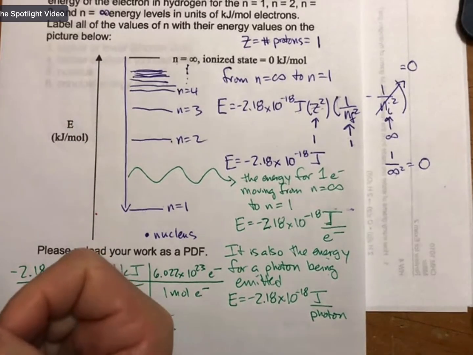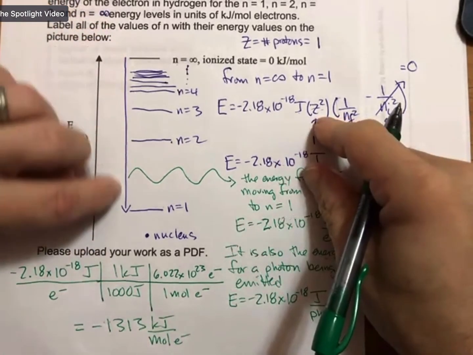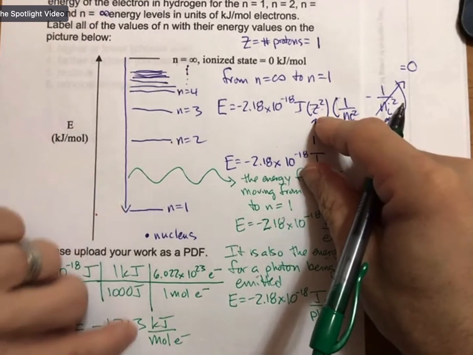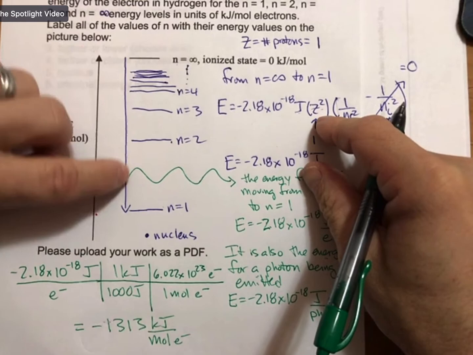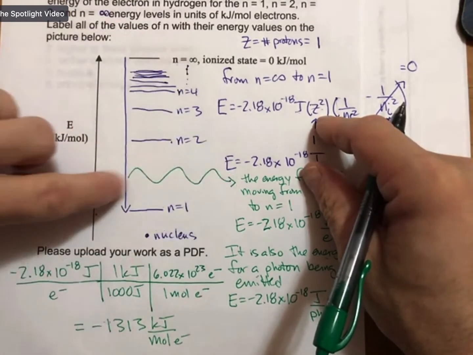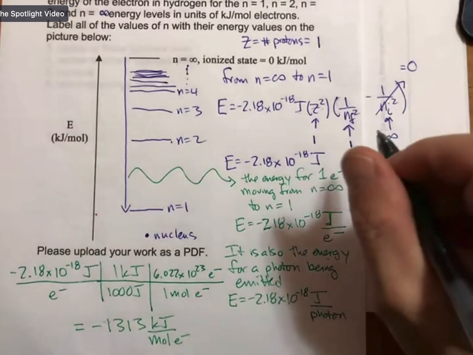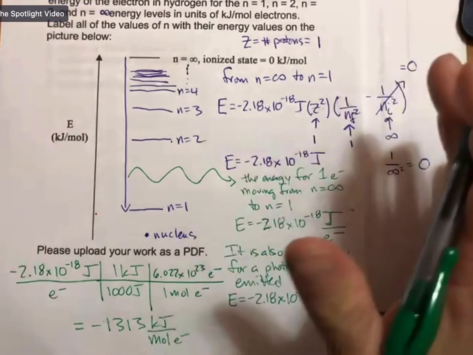Per mole of what? Per mole of electrons, because if 1 mole of electrons made this jump, that's how much energy would be given off. And if 1 mole of photons were given off, that's how much energy would be in that mole of photons. So per mole of electrons, per mole of photons, either of those sets of units are fine.